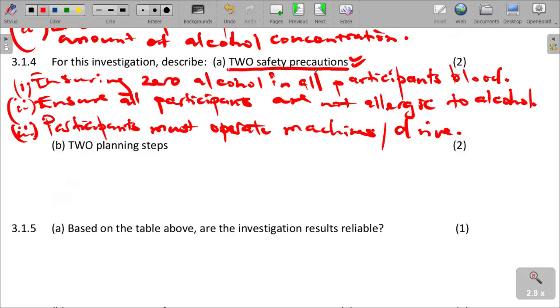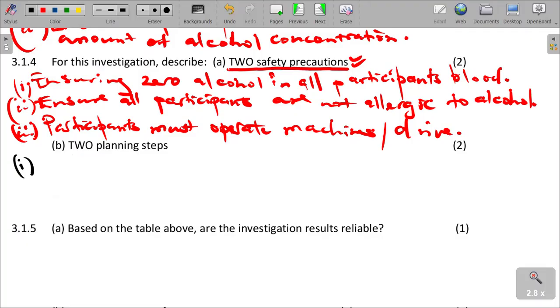And then planning steps. When you are given an experiment, you are always supposed to know what equipment you are going to use.